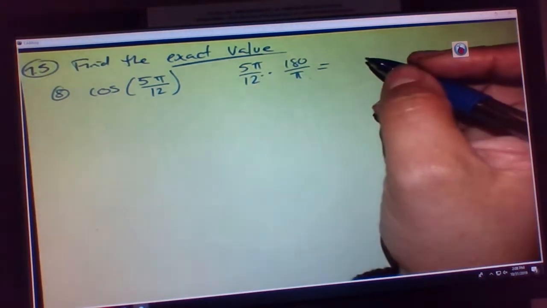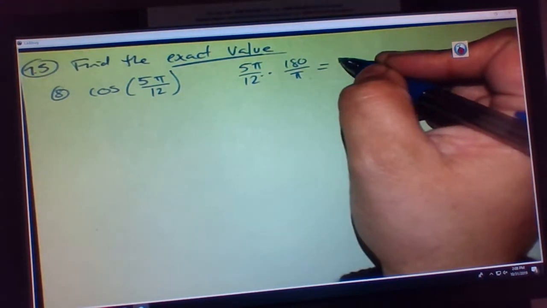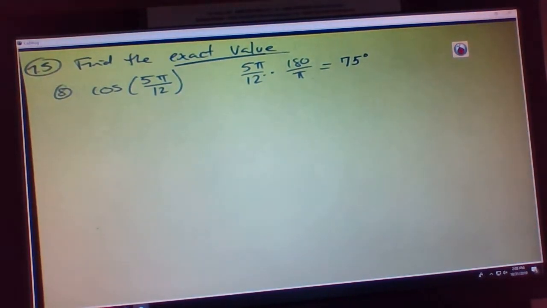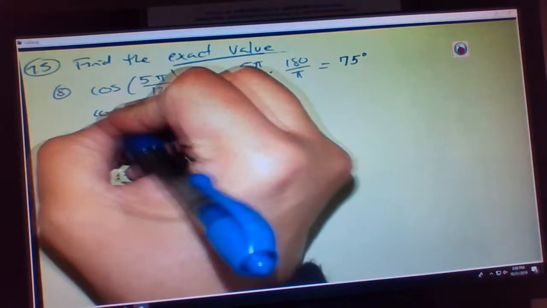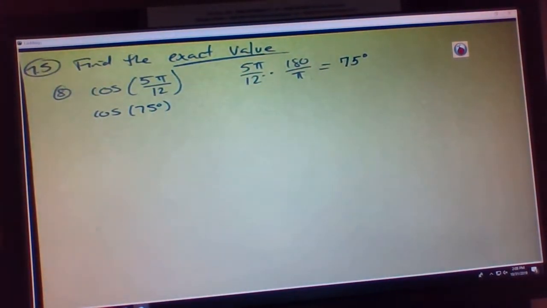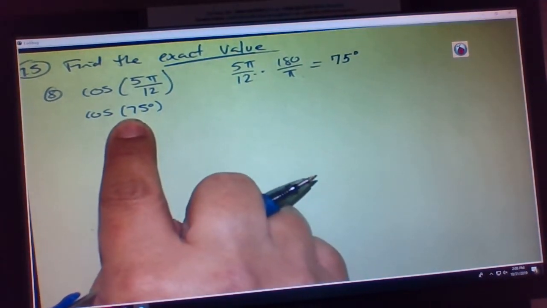It is 75 degrees. So this is really finding cosine of 75 degrees. Because I have to use the unit circle, this is going to be a sum and difference. This section is when we do the sum and difference. What two numbers add up to 75? 45 and 30.